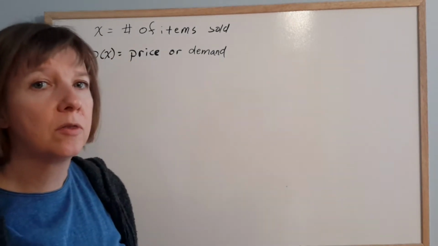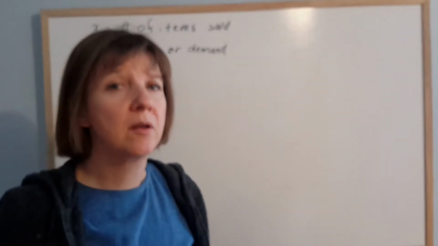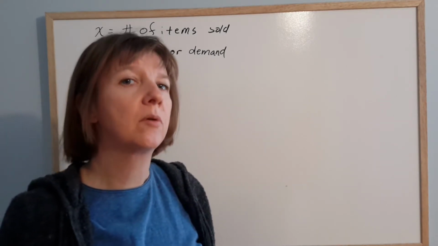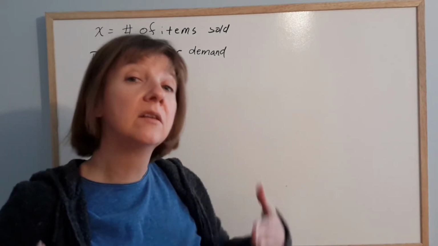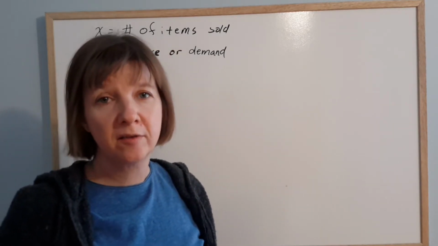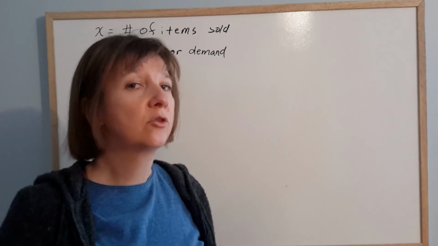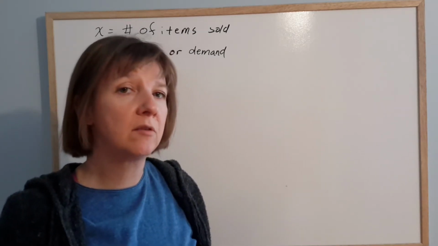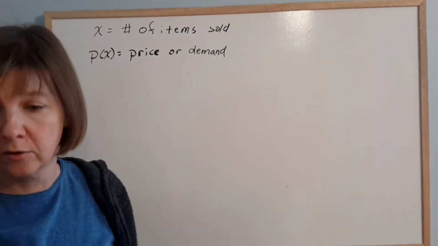But it really is the formula for figuring out the price at which you're going to sell your stuff. Going back to the t-shirt example, at what price am I going to sell those t-shirts? The formula that applies to that is called the price or the demand formula.